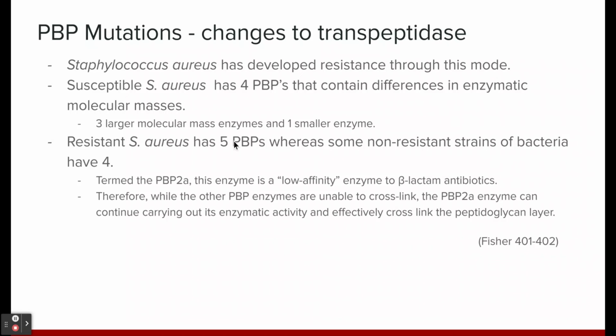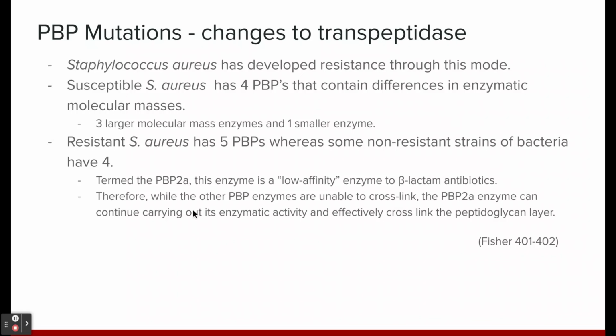they have 5 of these transpeptidase enzymes. In the resistant strains, there's 1 extra enzyme, which has been termed PBP2A, and this enzyme has low affinity for beta-lactam antibiotics.